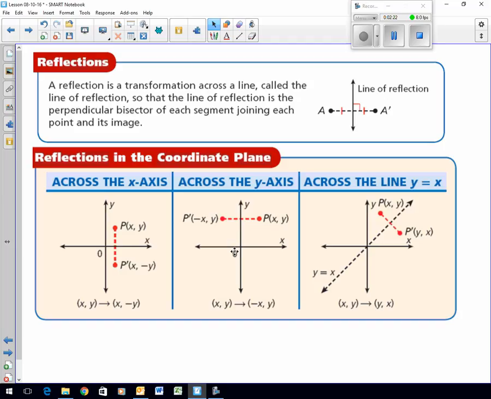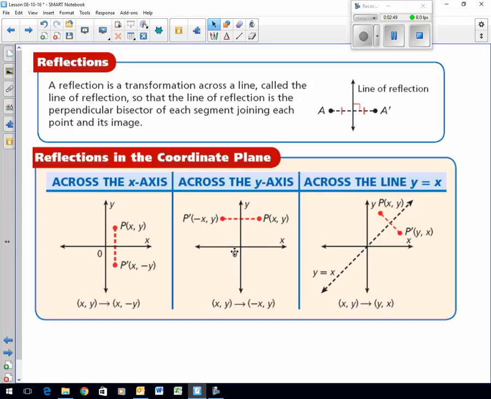Okay, but here we go. If anything is reflected across the x-axis, notice the little arrow notation down here, my x coordinates don't change. My y coordinates change from positive to negative or negative to positive. Because I don't want to keep saying that, I simply say pick the opposite of your coordinate point.